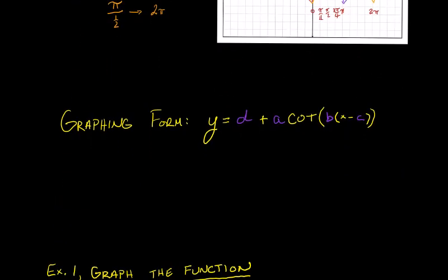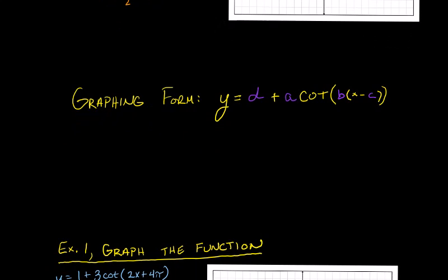Alright, we're going to bring all of these into this video. Remember, that's going to be your vertical shift. This is going to be your amplitude, but it's not really an amplitude, so it'll be our vertical stretch or shrink, making the graph become more narrow.